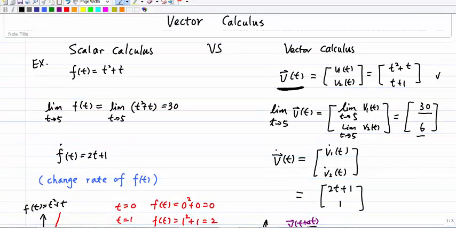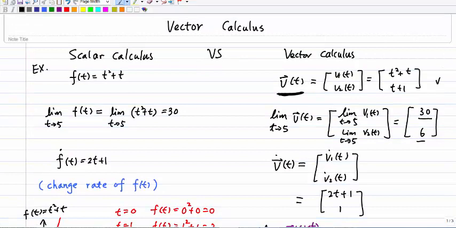Similarly, you can compute the derivative of the vector with respect to t. By the same principle, you just take the derivative of each individual element in v(t) with respect to t, which means I have v1'(t) and v2'(t). The derivative v1'(t) will be the derivative of t squared plus t over dt, which gives us 2t plus 1.